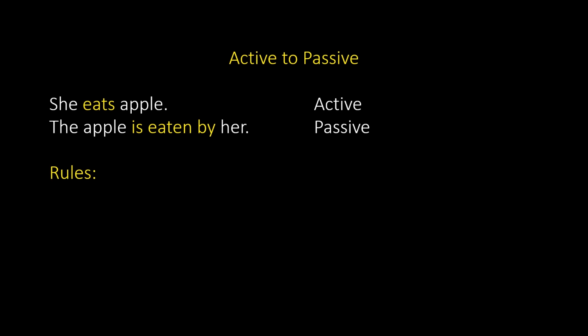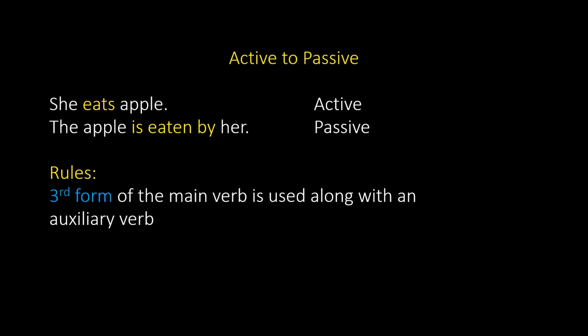Let's understand what rules we followed over here. Rule number 1: the third form of the main verb is used along with an auxiliary verb. A very interesting and very important fact to convert an active voice to a passive voice. She eats apple was written in present tense, or you can say simple present tense.